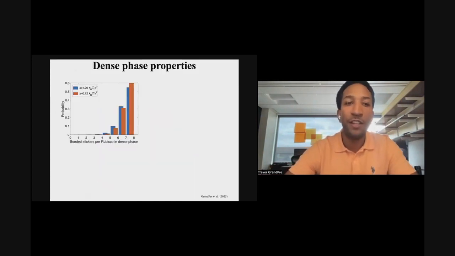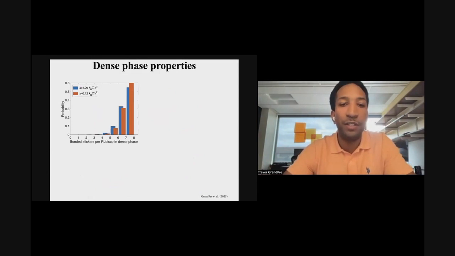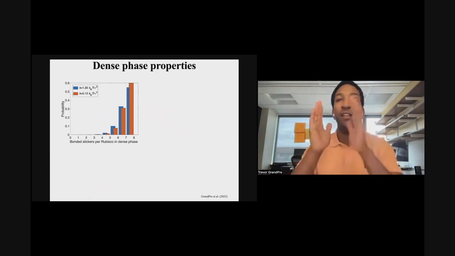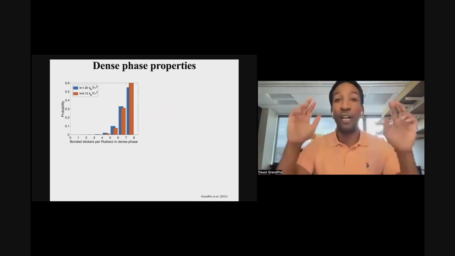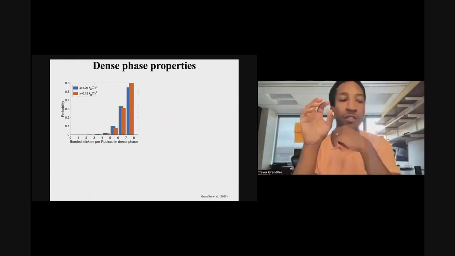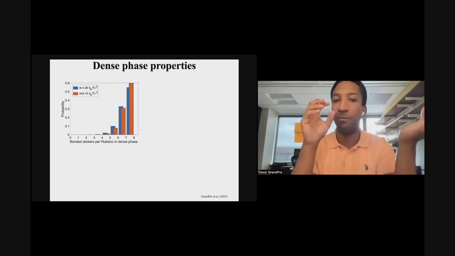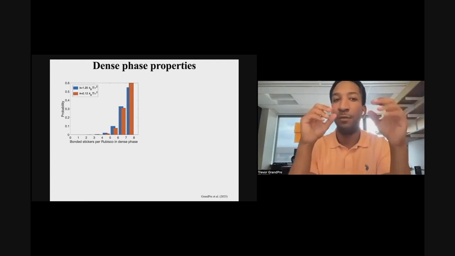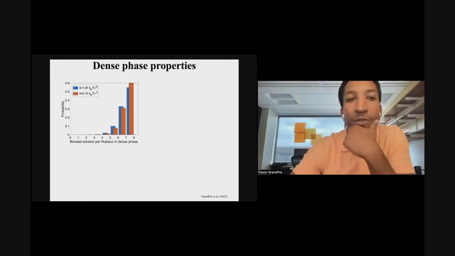First, in the dense phase, I looked at the bonded stickers per Rubisco in that slab or condensate, measuring how many stickers of a Rubisco are bound by an EPYC1 sticker. In the two systems, the long and short linkers, there's no difference. The distributions are the same.